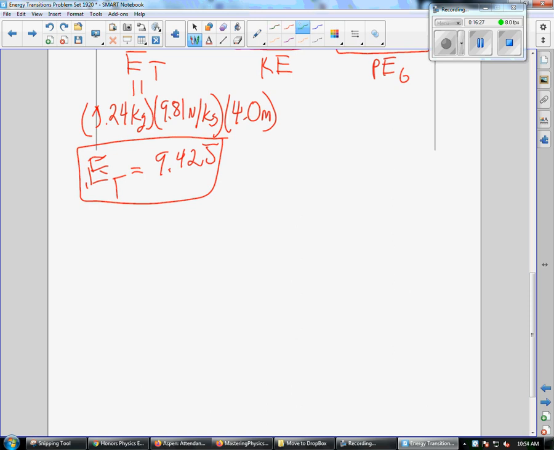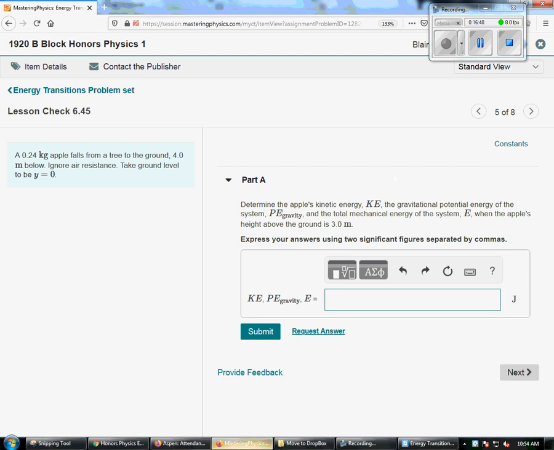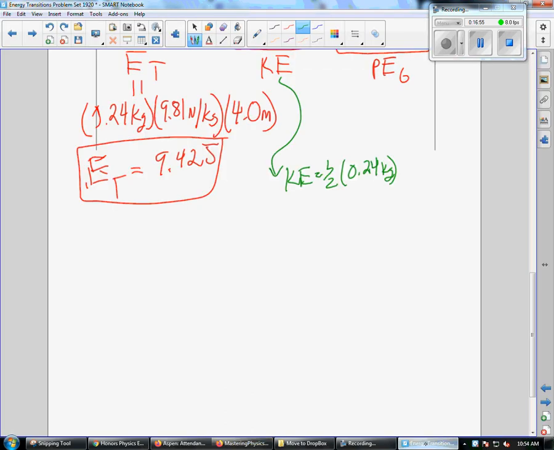Oh, let's switch to my kinetic energy. So 1/2, 0.24, and do I know how fast it's moving there? Oh, I don't. So maybe I shouldn't do my kinetic energy next, because I still don't know what this is.